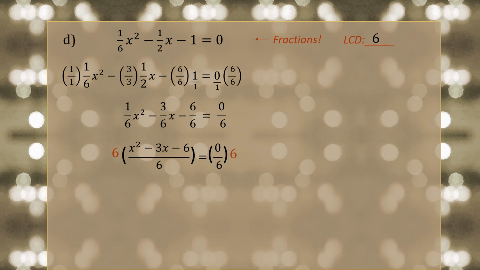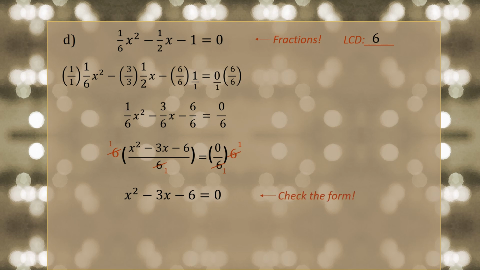The reason we do this is because if you're multiplying by 6 and you have a 6 in the denominator, they do reduce to a value of 1. Same is true on the right side. And because they reduce to a value of 1, your new equation is x squared minus 3x minus 6 equals 0.